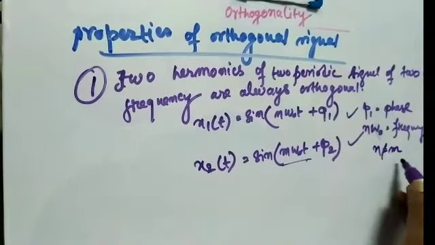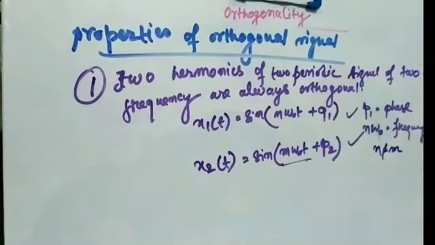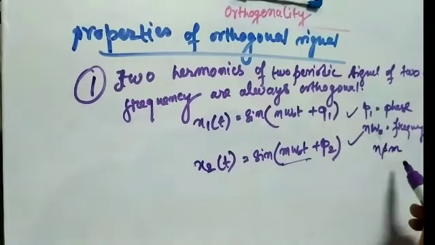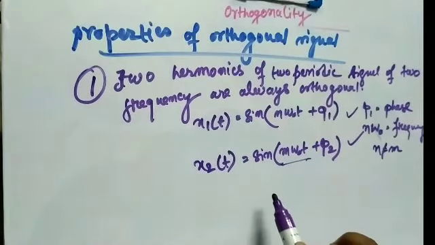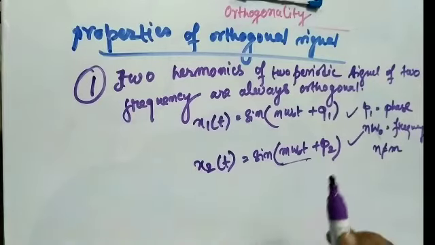If they are the same, then this condition is not true. But if they are different, that means the frequencies of the two signals are different, then if we integrate these two harmonics over the time period 0 to T, their value will be 0.